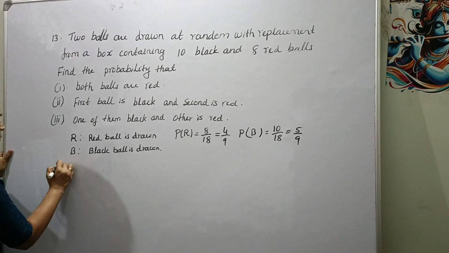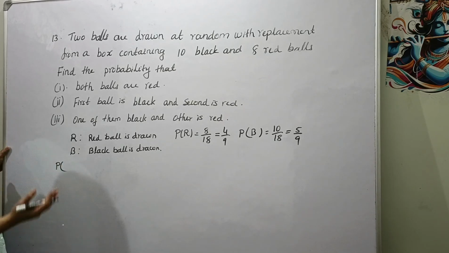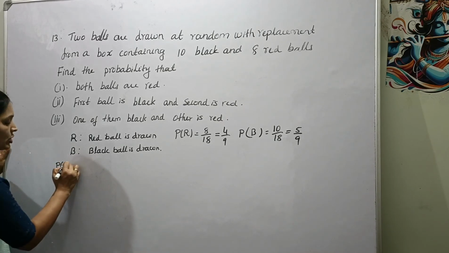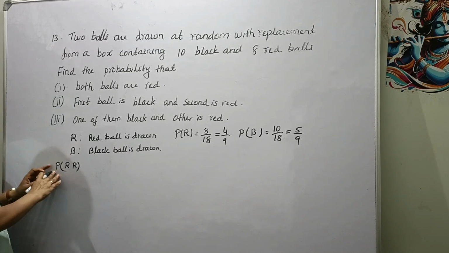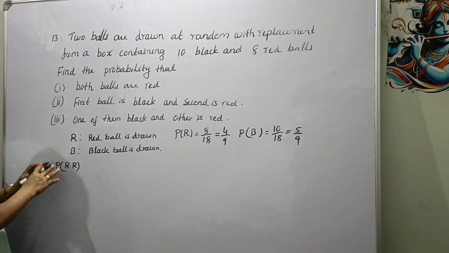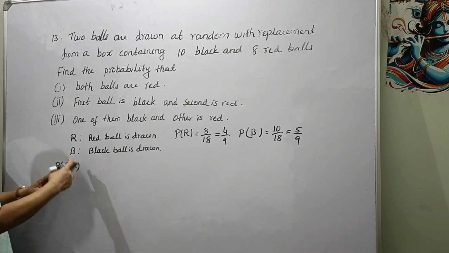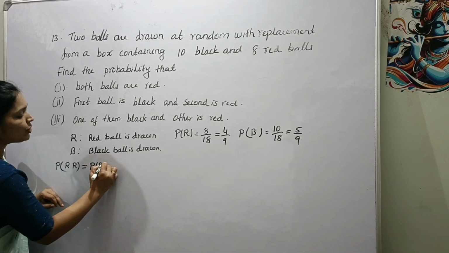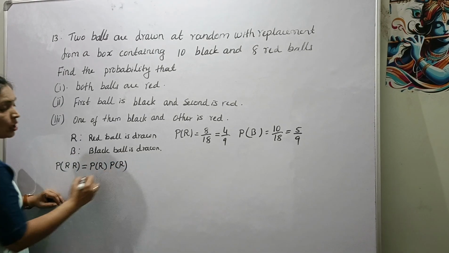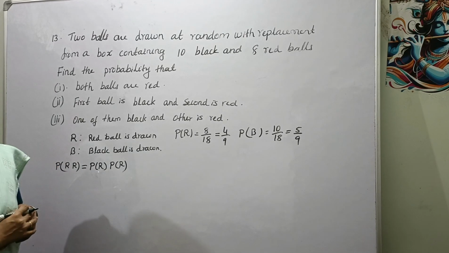Probability of both balls are red means probability of the first ball is red and the second ball is red. That is equal to probability of R into probability of R, because here the events are independent.